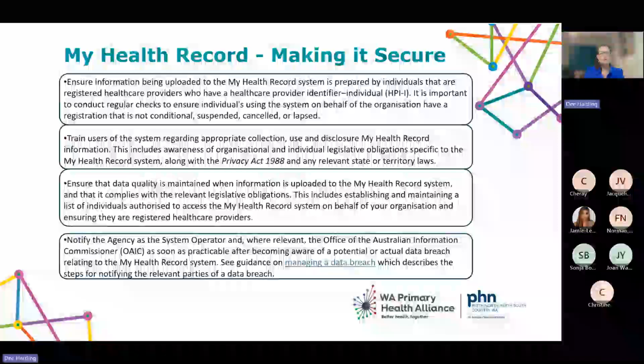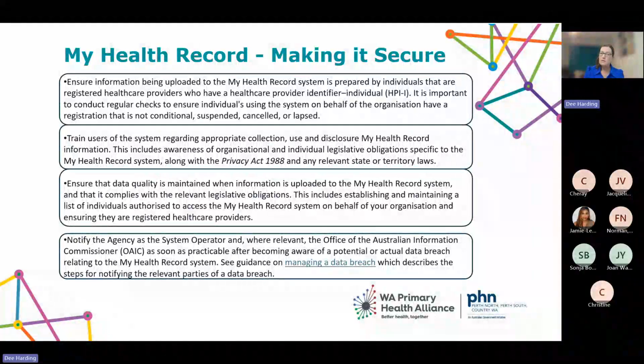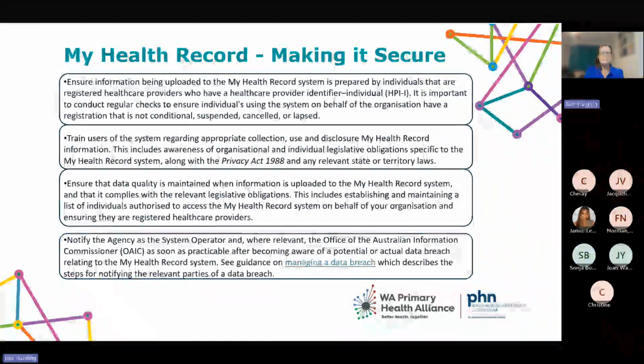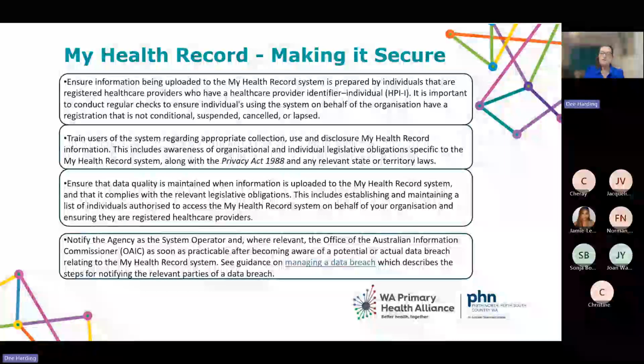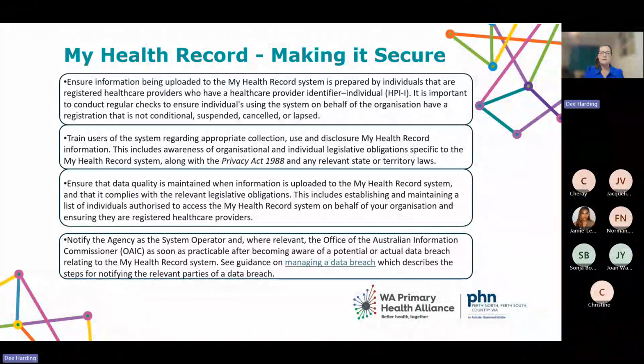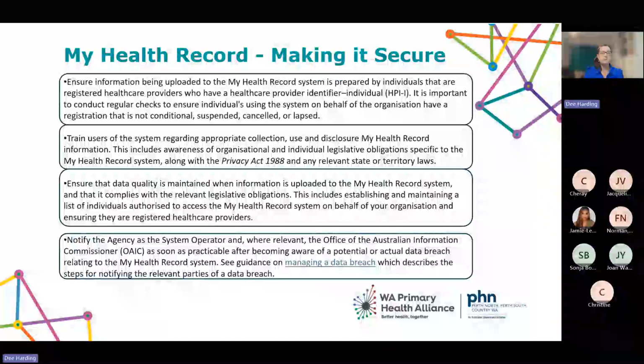You have to notify the Australian Digital Health Agency as the system operator, and where relevant, the Office of the Australian Information Commissioner, as soon as practicable after becoming aware of any breaches to the system. It has to be related specifically to My Health Record, and there are some links, and we will share them at the end of the sessions. We also have a more expanded session on managing a data breach in a moment, and that talks about the steps for notifying the relevant parties of the breach.